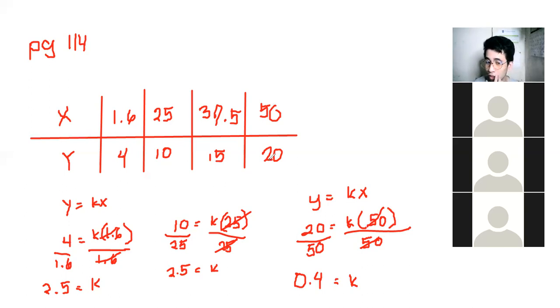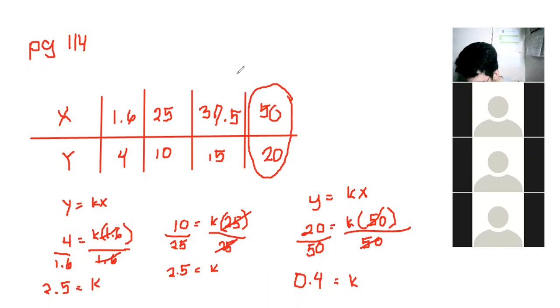Hindi 2.5 ang constant ng 50 pati 20, di ba? So, dahil doon, hindi siya direct variation. Dahil hindi siya direct variation, wala tayong constant of variation and also equation of variation.